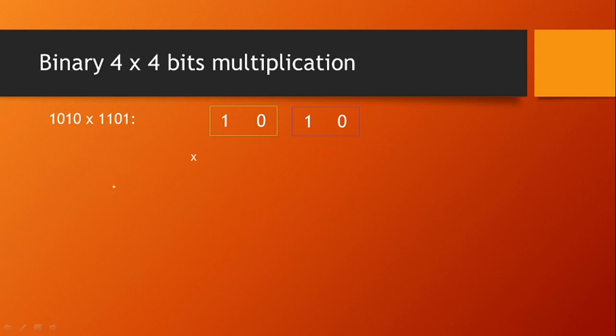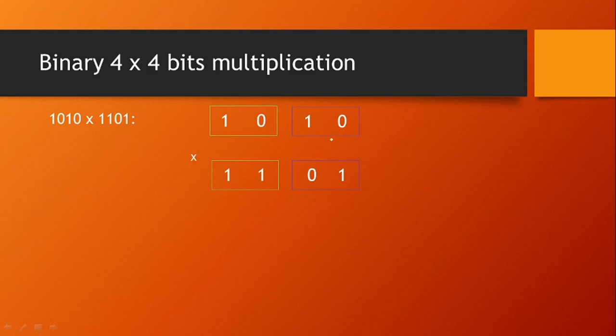How can we do it? Let's check. So 1010 into 1101. We divide 1010 into 10 as the first bit pair, and another 10 as another bit pair. In the same way 1101, we divide into 11 and 01. Again we follow the same sutra, Urdhwtirgbhyaam.